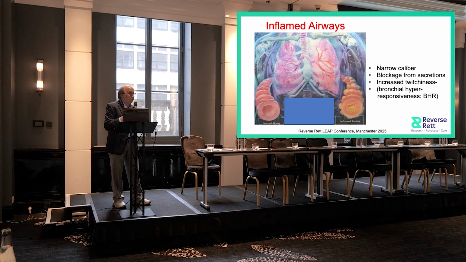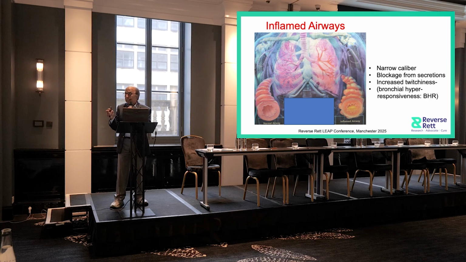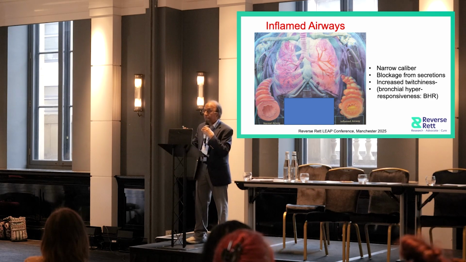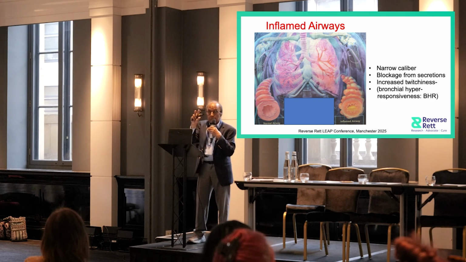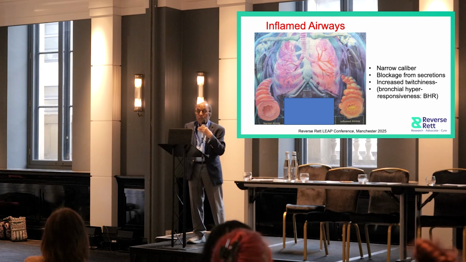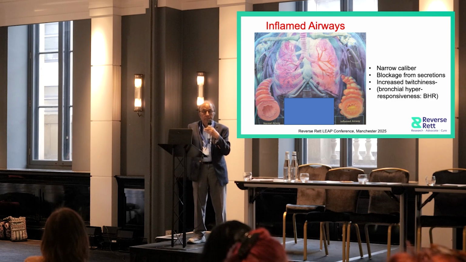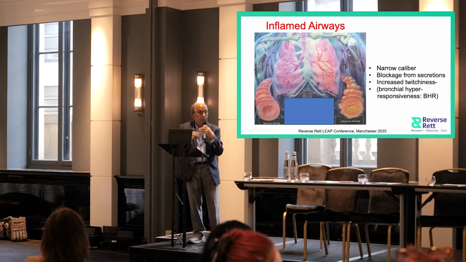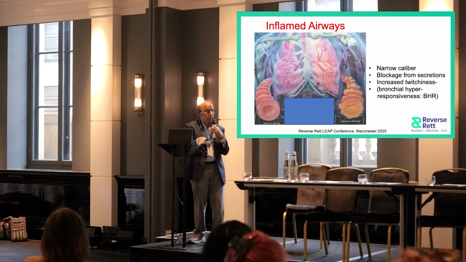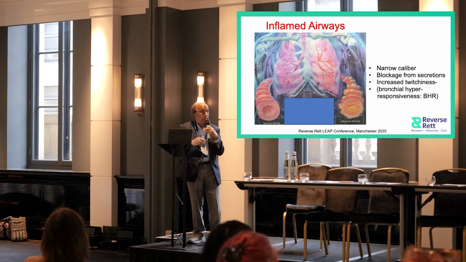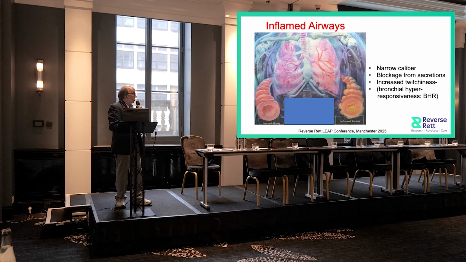Moreover, inflammation makes these tubes very twitchy, very sensitive. So anything unwanted, for example activity, reflux or infection, is going to make these tubes narrower, like in asthma patients, and asthma is also inflammation. Again, the amount of air going through these tubes is going to be less, and ultimately it will affect our ventilation-perfusion equation, and you'll end up with chronic respiratory insufficiency, or acute also, intermittent, depending upon the situation.